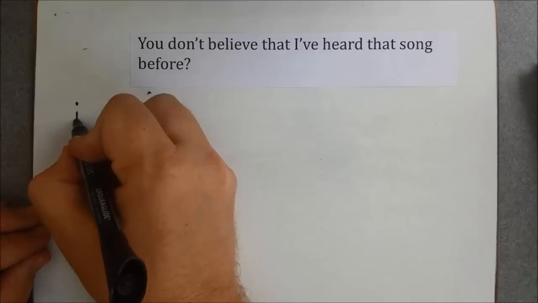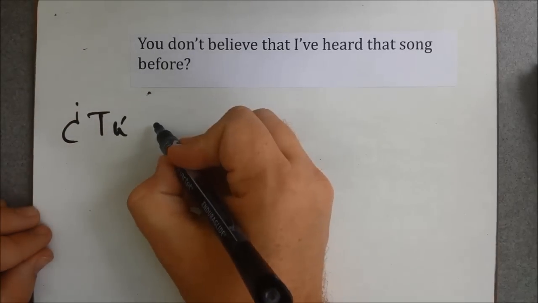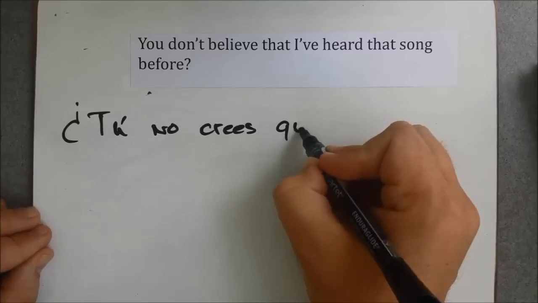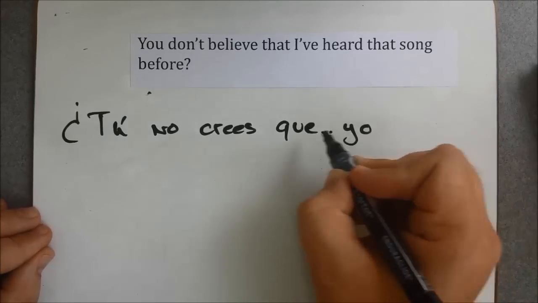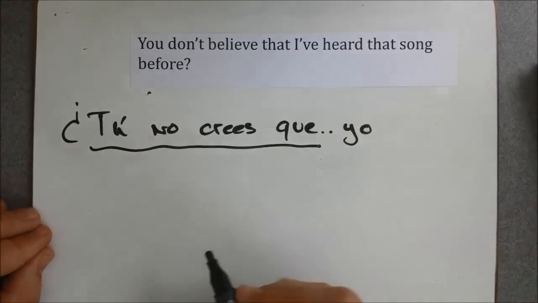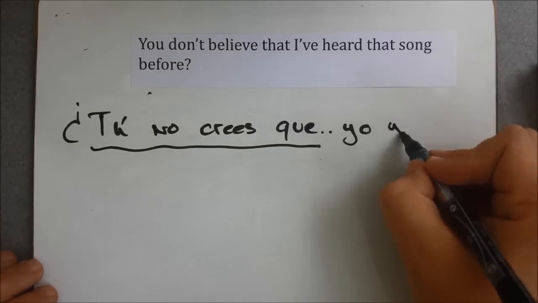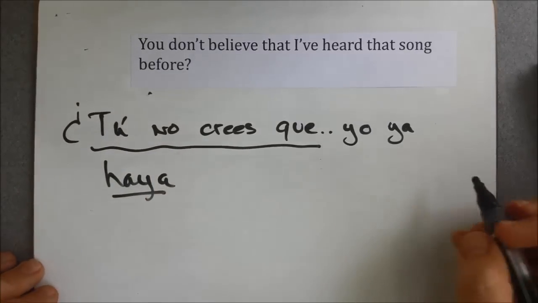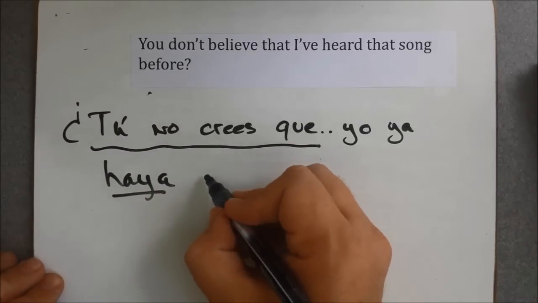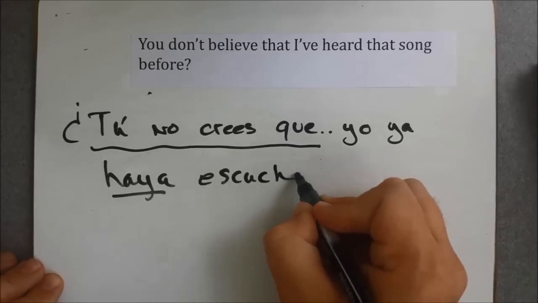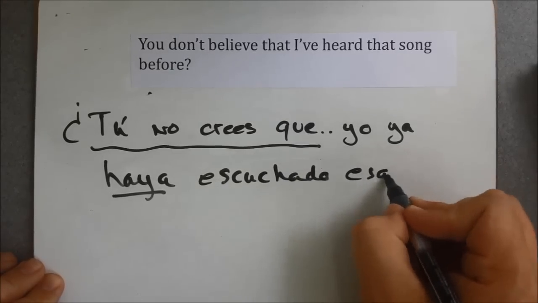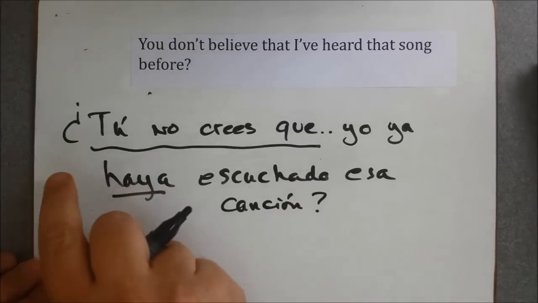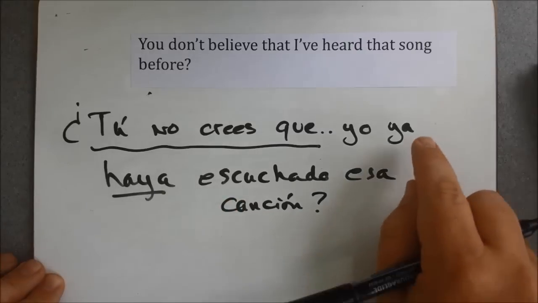Okay, question. ¿Tú no crees que yo, again, this part right here is our main clause, right? ¿Tú no crees que yo ya haya, that's the form that goes with yo, right? In our dependent clause here, haya escuchado esa canción. Okay.